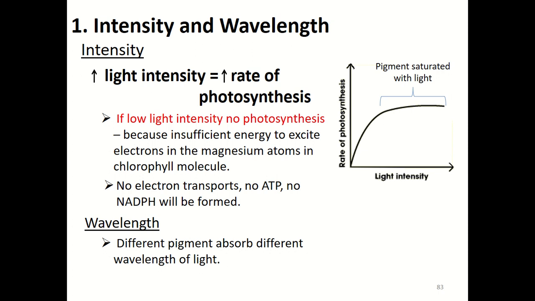So therefore, no electron transport, and no ATP and no NADPH will be formed. How about the wavelength? It depends on what pigment is inside the chlorophyll, because different pigments absorb different wavelengths of light.